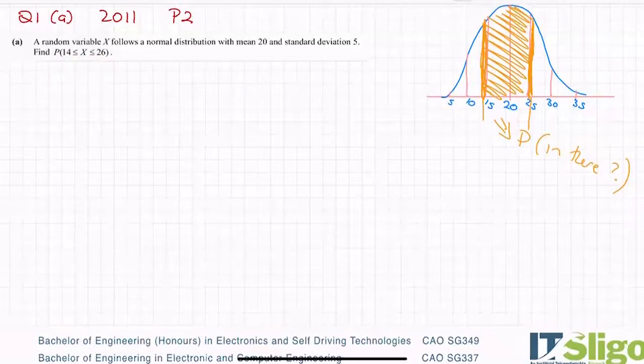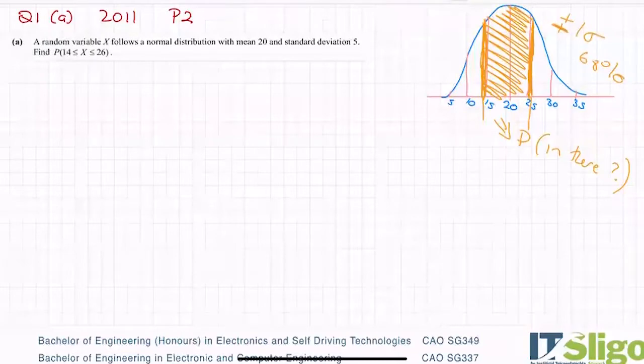It's 14, which is a little bit outside -1 standard deviation, and it's 26, which is up a bit from 1 standard deviation. But I do know that plus or minus 1 standard deviation is 68%, so therefore I'm expecting my value to be 70 something. That I do know from the empirical rule.